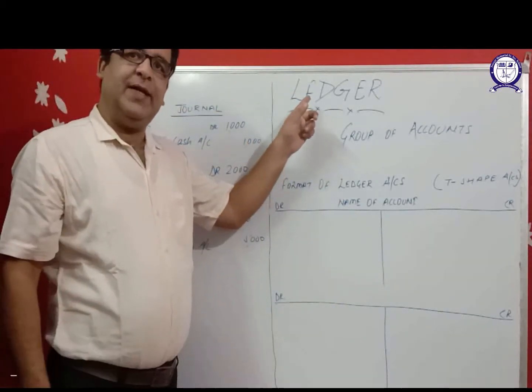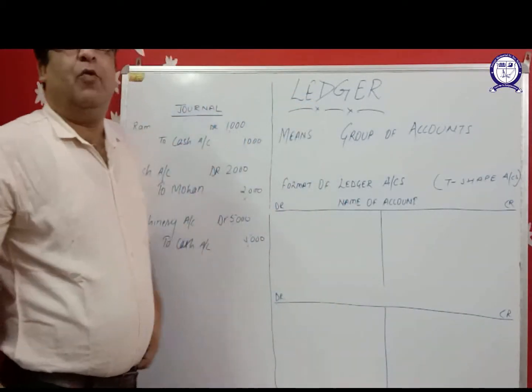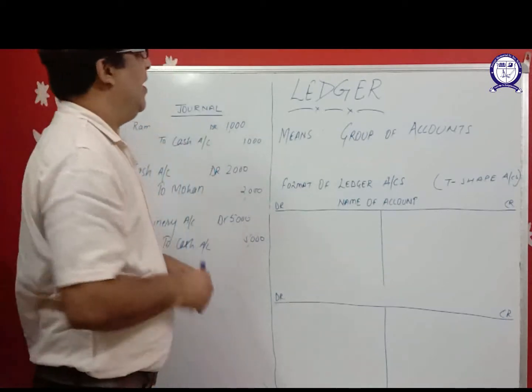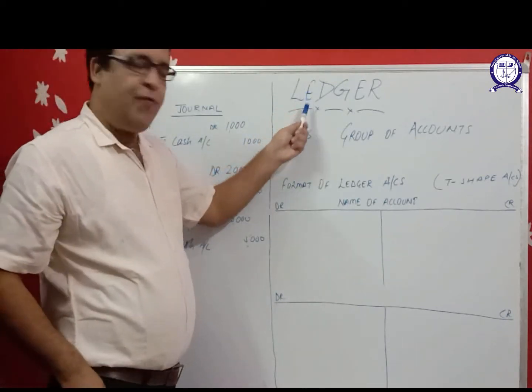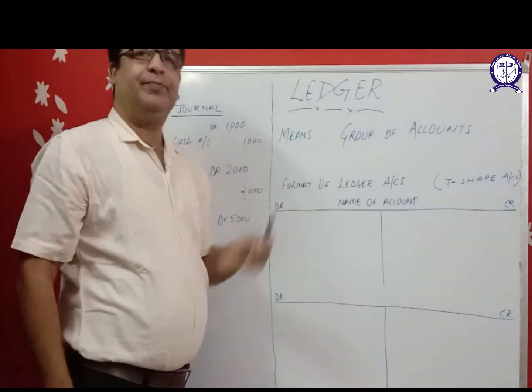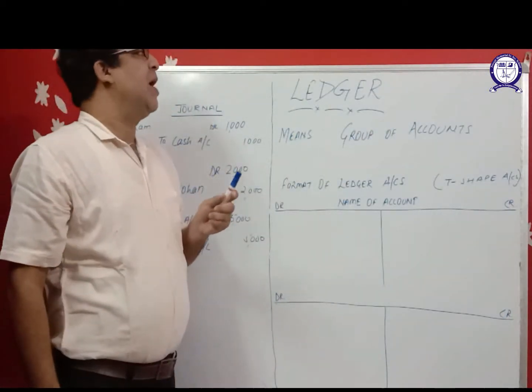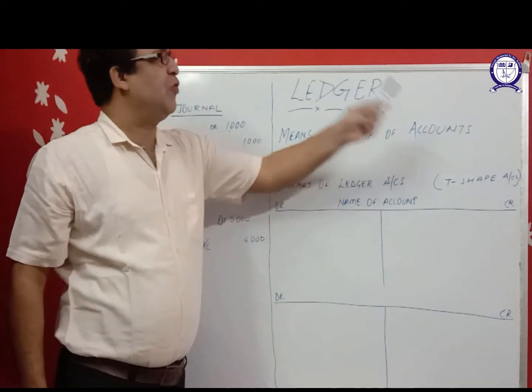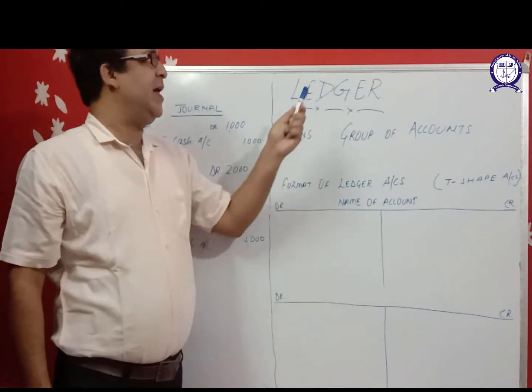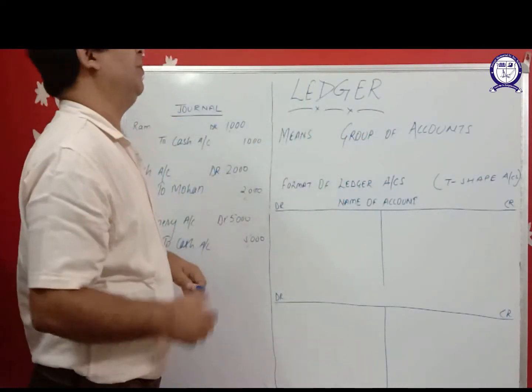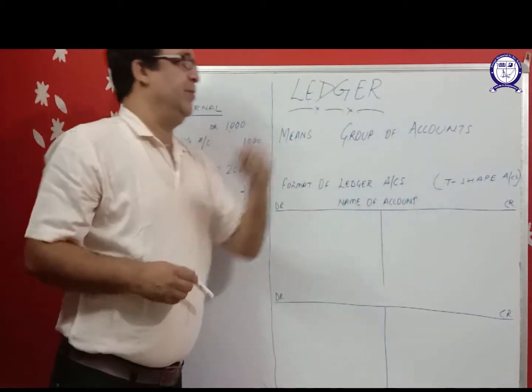Today's topic is ledger. What do you mean by ledger? Ledger is a group of accounts. We should know the meaning of account first of all before understanding the concept of ledger. What is account?